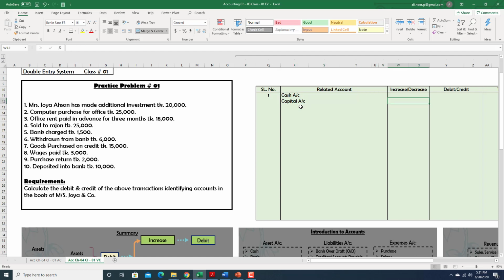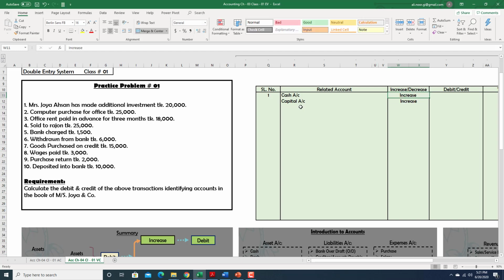Now we will analyze either it is decreased or increased. Okay, since cash inflowed into the business, so cash must be increased, so we will write here increase. Okay, and as well it also increased the capital of the owner, so we will write here increase as well.